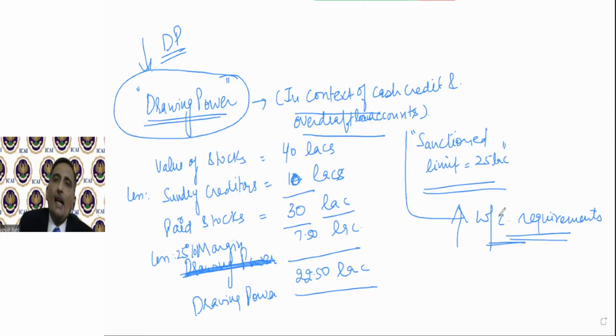As part of the terms and conditions of the sanction letter, the trader has to submit a monthly stock statement to the bank. Because the cash credit limit is against the security of stock, the bank wants the monthly stock statement.